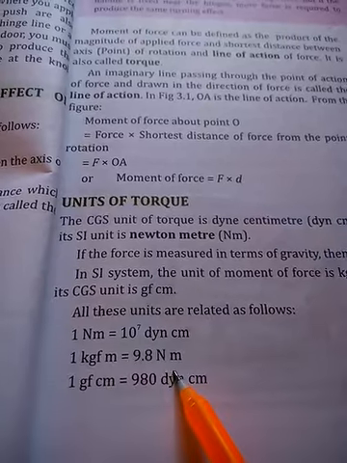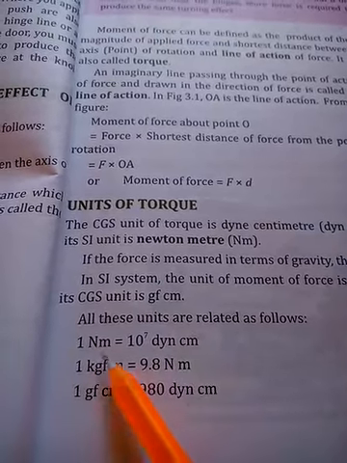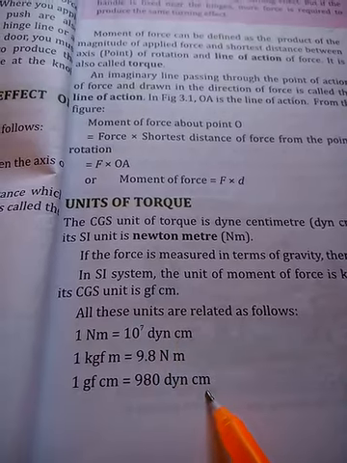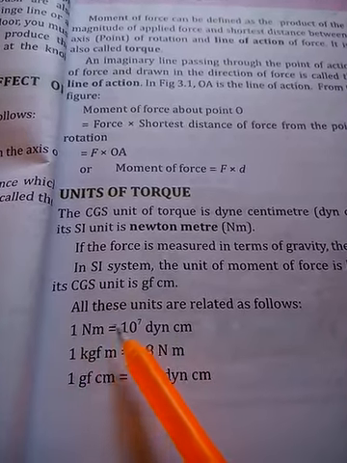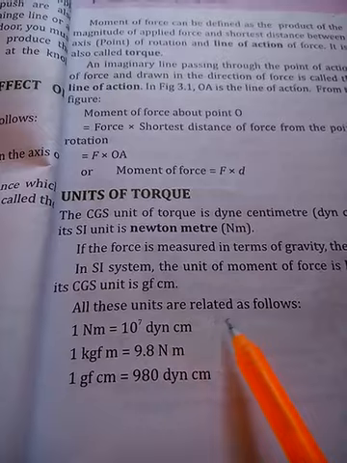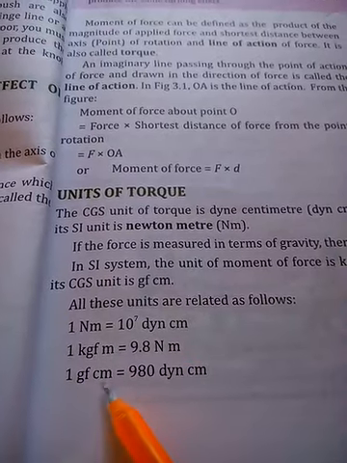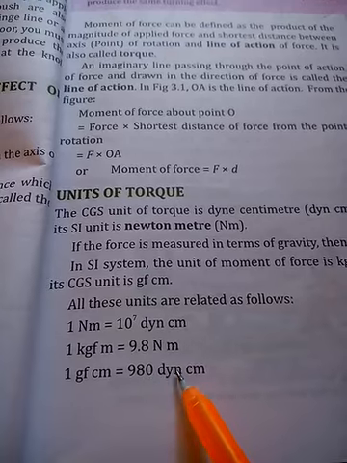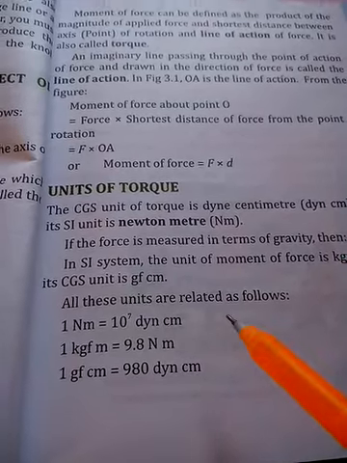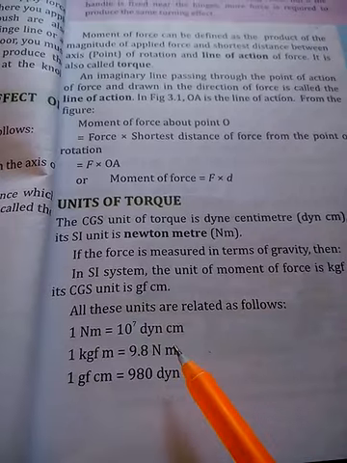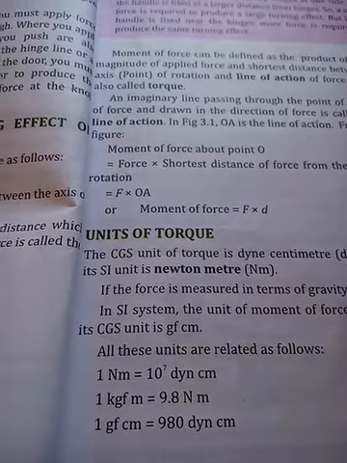The relationship between the different values, you will learn by heart. Mark it as important, IMP. 1 Newton meter is equal to 10 to the power 7 dyne centimeter, 1 kgf meter is 9.8 Newton meter, and 1 gf centimeter is equal to 980 dyne centimeter. These values are important, so learn them by heart.